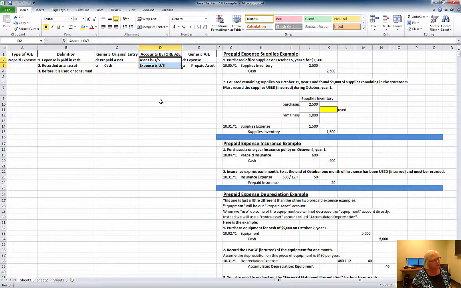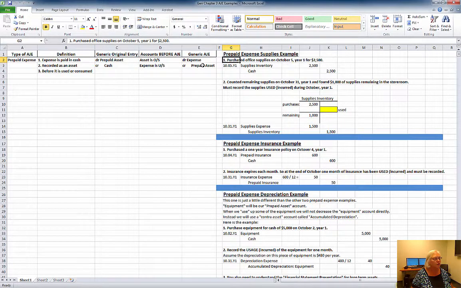Okay, in this particular textbook, we have 3 types of prepaid expenses that you are responsible for knowing. So the first one is supplies. So what happens is, let's say you purchase office supplies on October 5th of year 1 for $2,500.